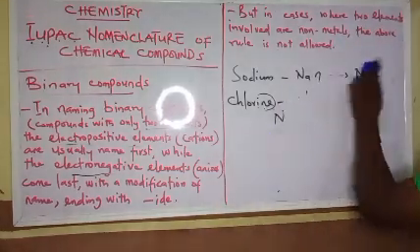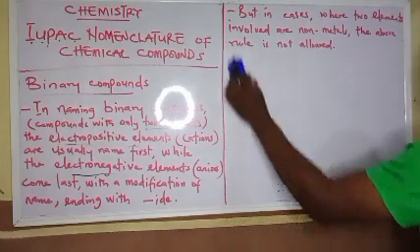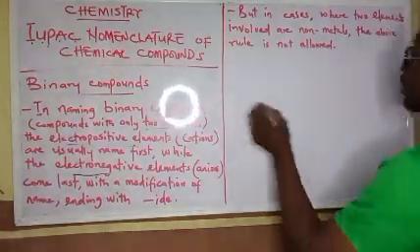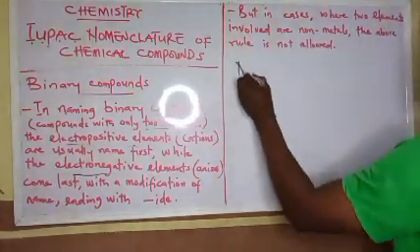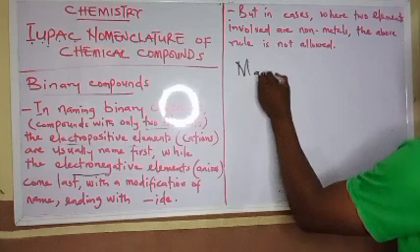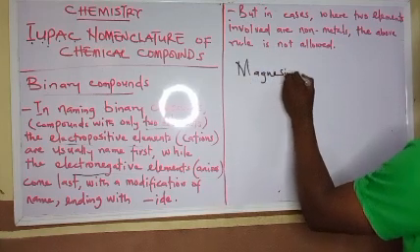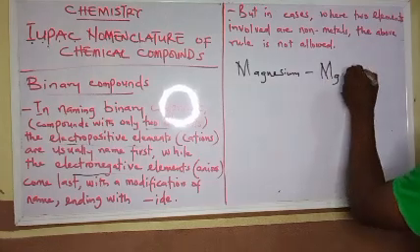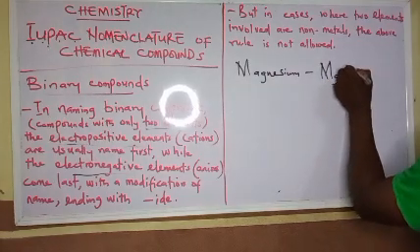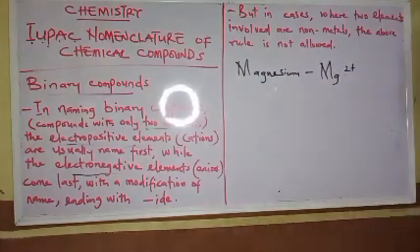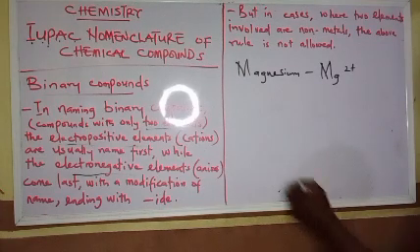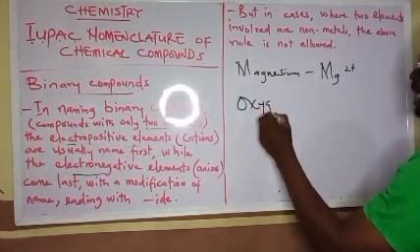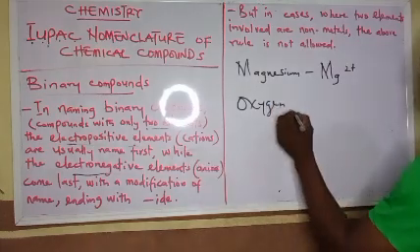Let's have another example. Let's have magnesium. Magnesium is an electropositive element, that is, it loses 2 electrons to become positively charged. Oxygen is an electronegative element.